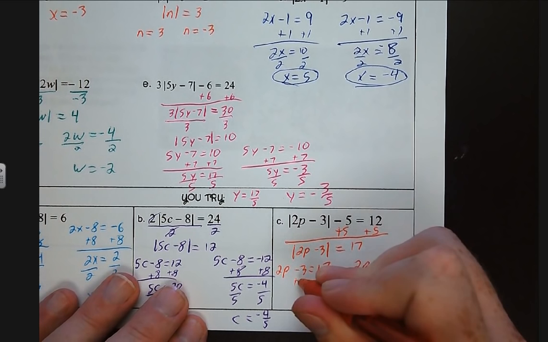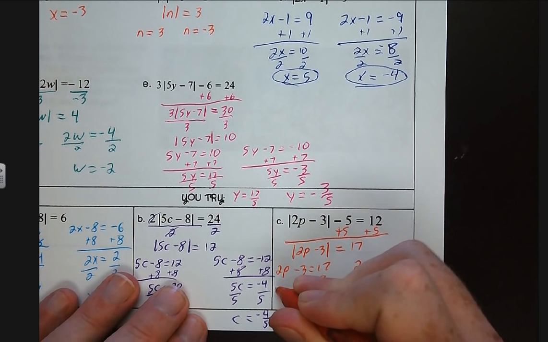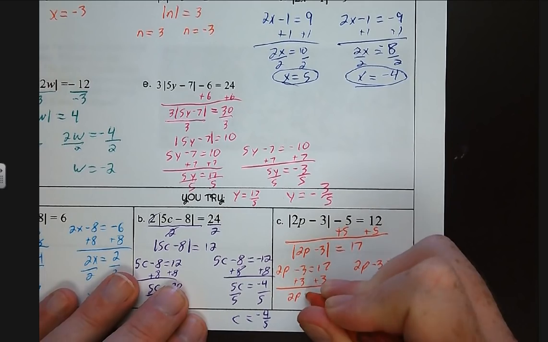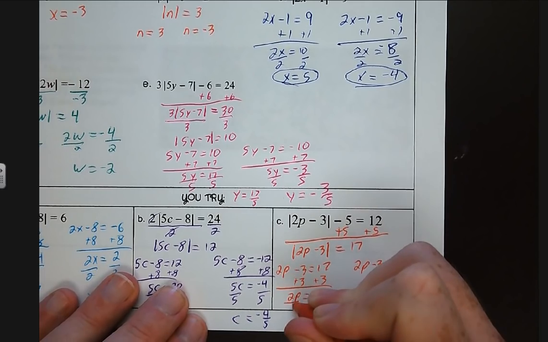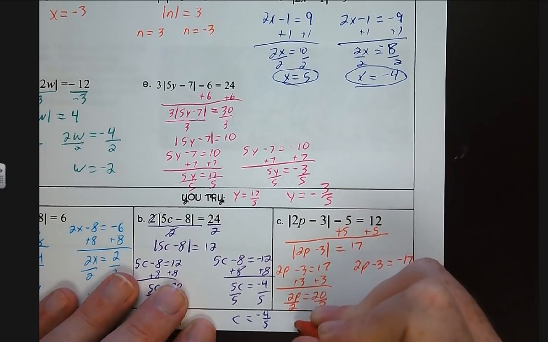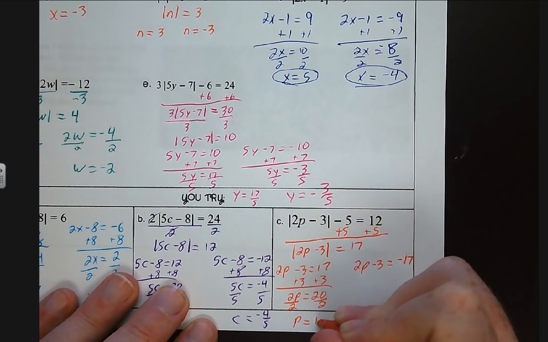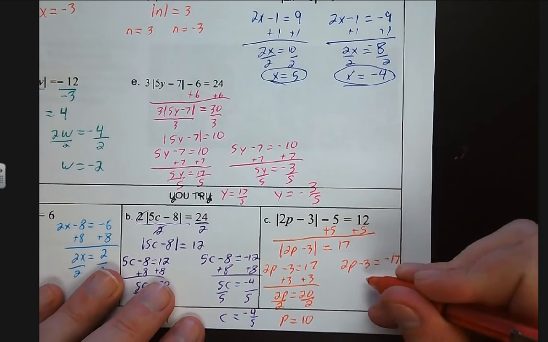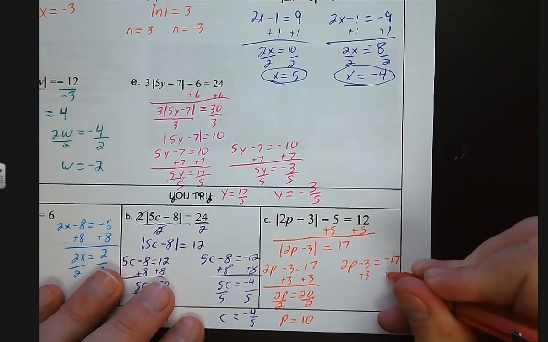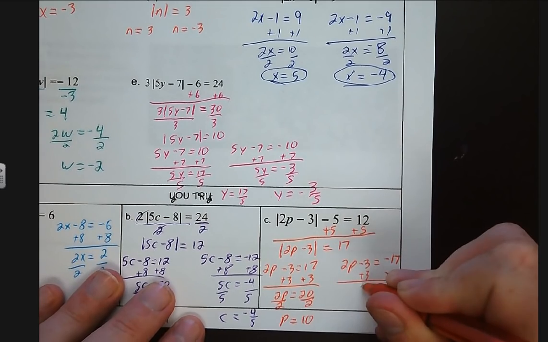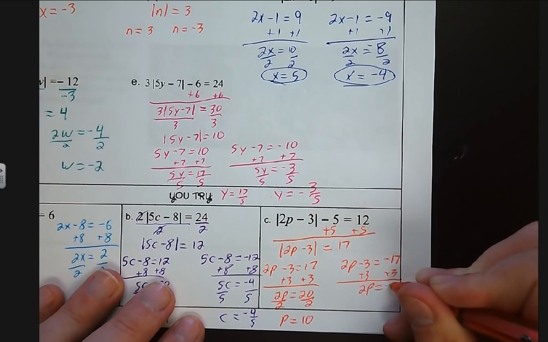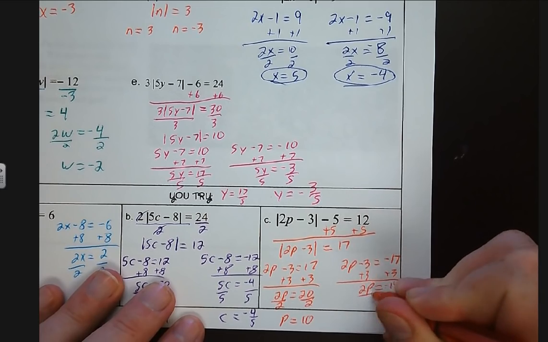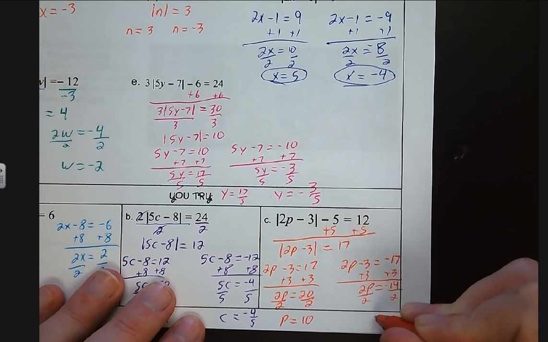Add 3 to both sides. 2p is equal to 20. Divide by 2. P is equal to 10. Okay, this side, add 3. 2p is equal to negative 14. Divide by 2. P is equal to negative 7.